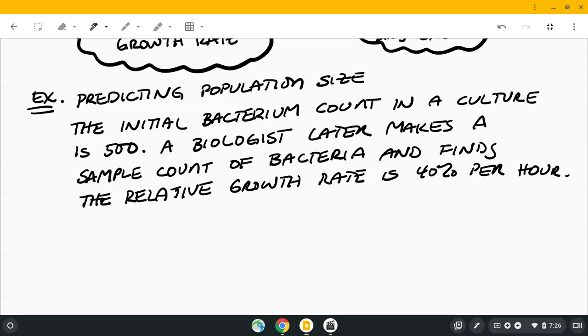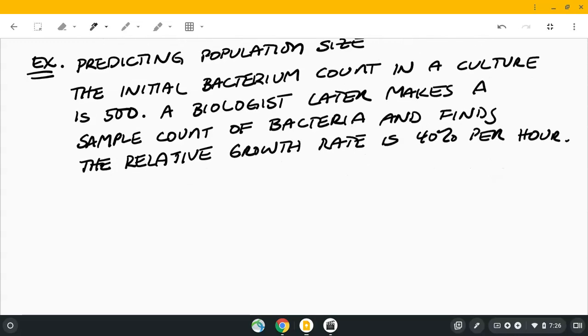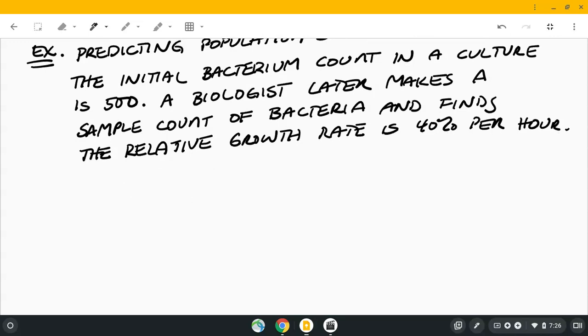Okay, so the relative growth rate is 40% per hour. So part A, let's find a function that models this.